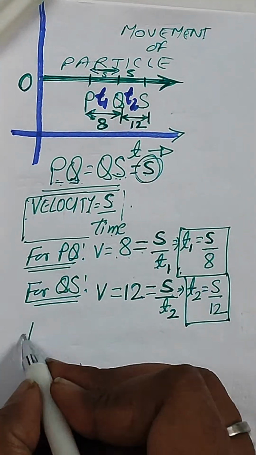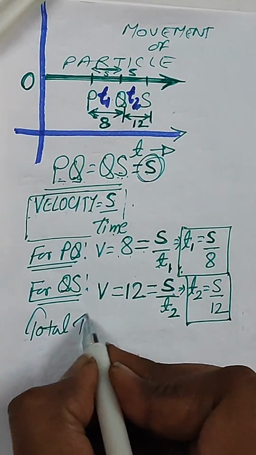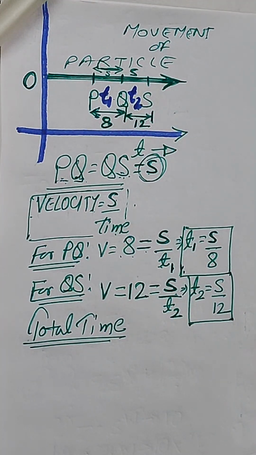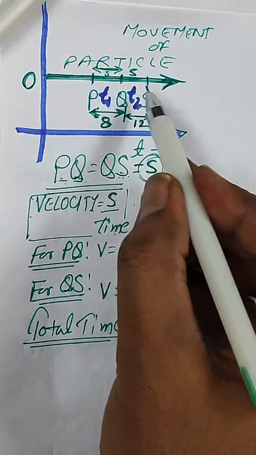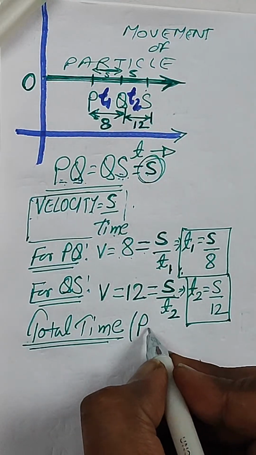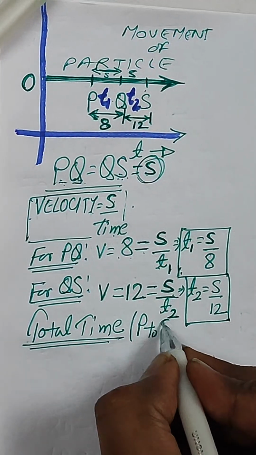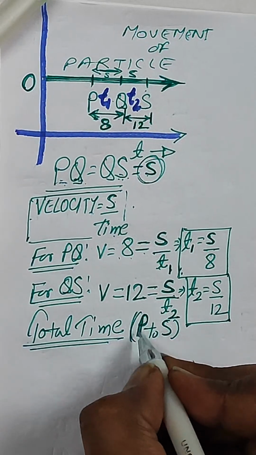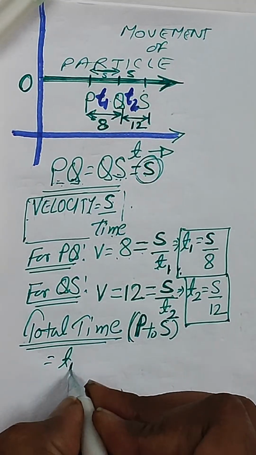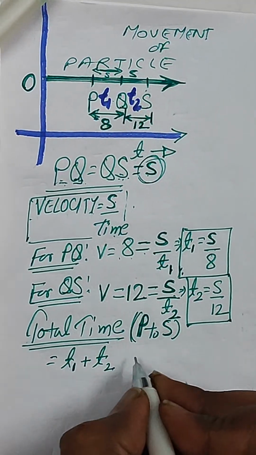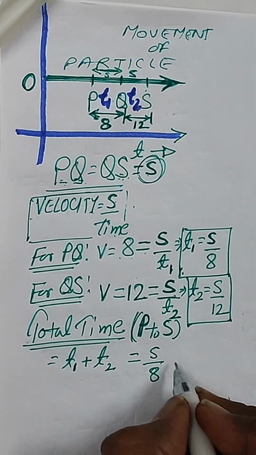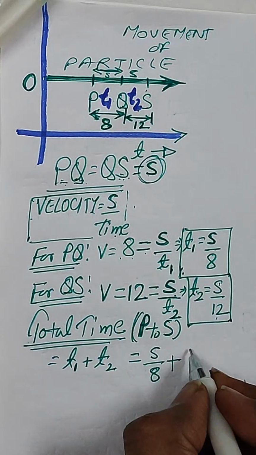Now what will be the total time? Because we are going to calculate the average velocity. From P to S, the total time will be t1 plus t2, where t1 is S by 8 and t2 is S by 12, which we have already calculated.